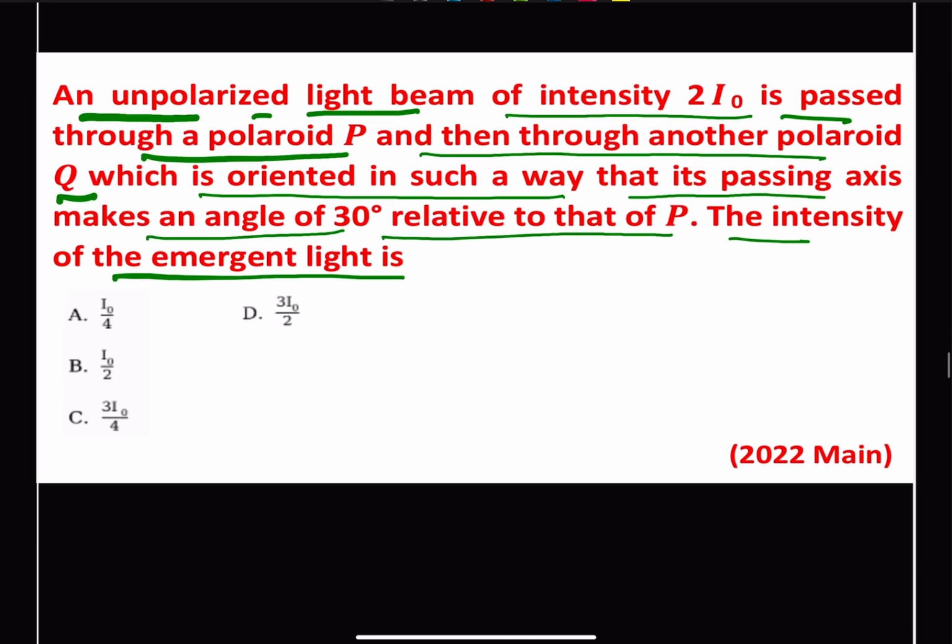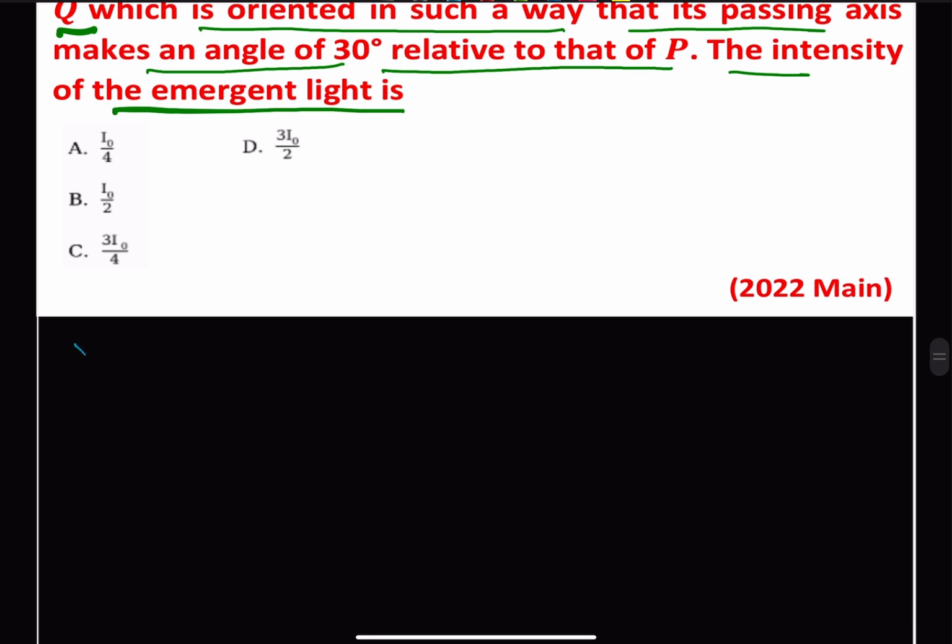So here we are given that we have two polarizers P and Q. So you can say the intensity after passing through polarizer P, let us call that IP, will be equal to I0 divided by 2, and that is twice I0 divided by 2.